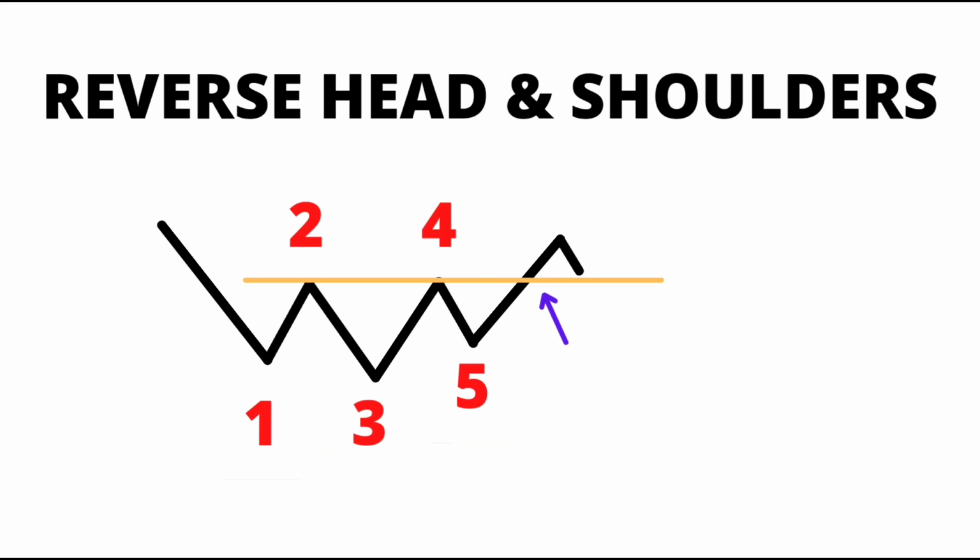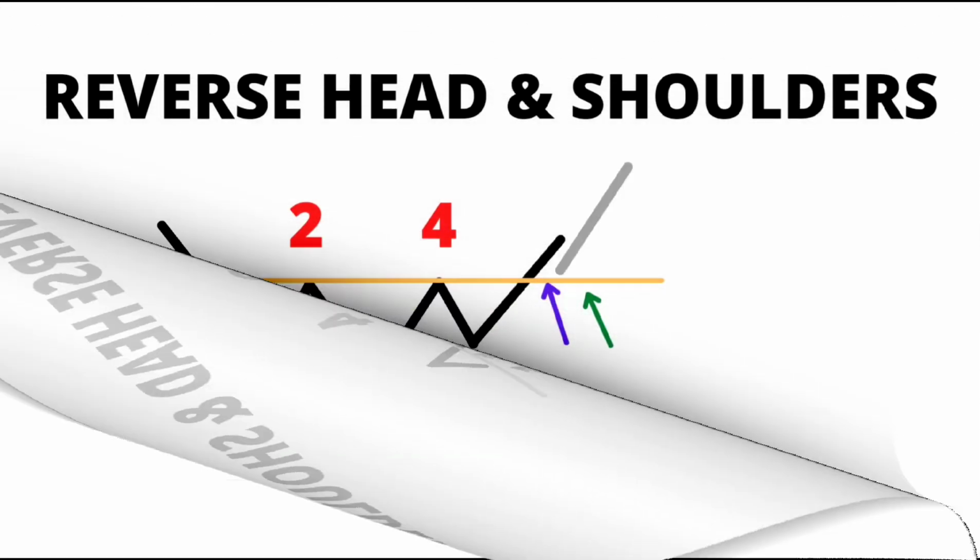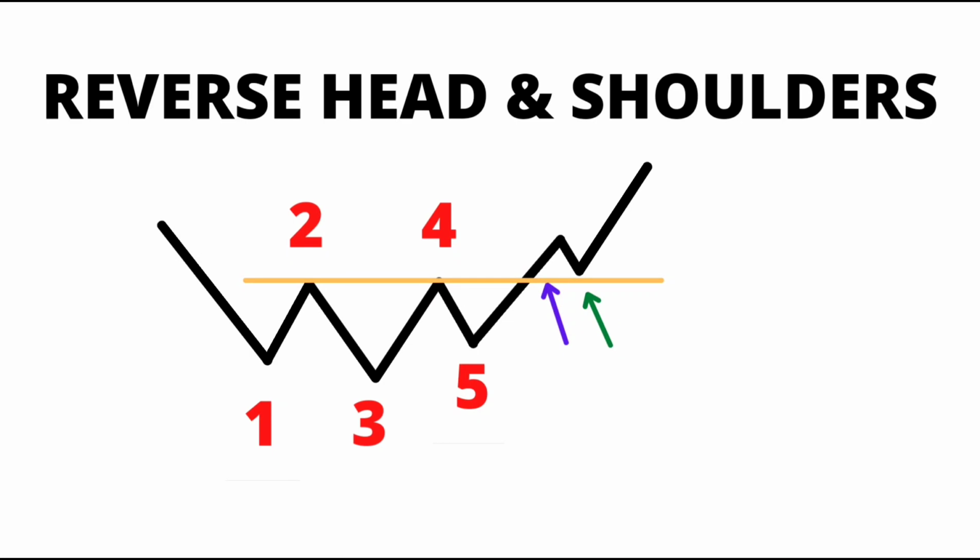The safer entry happens when price retraces back to the neckline after breaking it, and the optimal and logical stop loss has to be placed below number 5. That happens because once the price breaks the neckline, number 5 will be confirmed as a demand zone, which will protect your stop loss order in most cases, though not always.